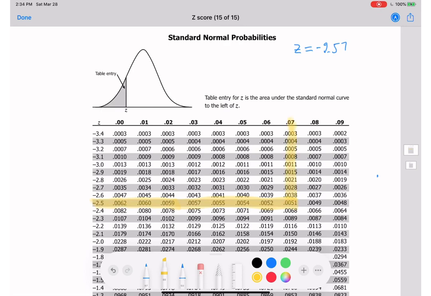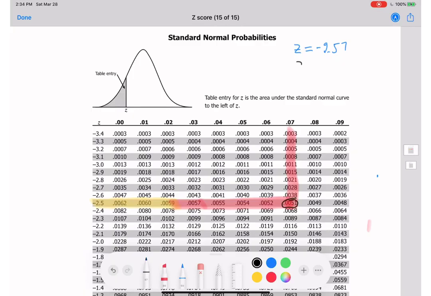Our number is going to be, oops, that's not what I meant, hold on. Okay, one more time. Well, okay, let it be red. 57 here, 57 here, and our number is 0.0051.